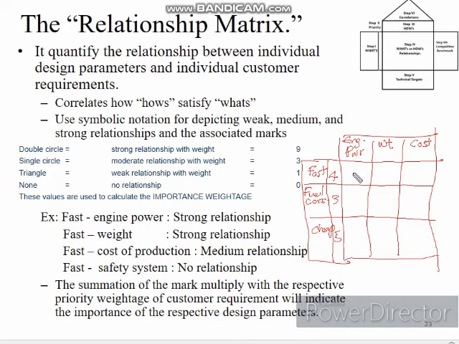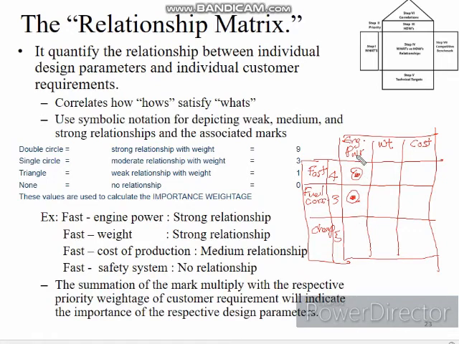If it's strong, then you put a double circle, which indicates strong. The same goes for fuel consumption. Engine power and fuel consumption should have either a moderate or strong relationship, because if engine power is high, it will consume more fuel. So it should be a strong relationship.